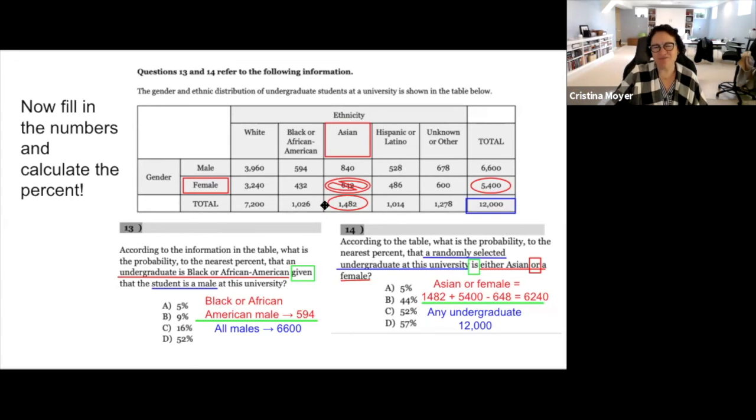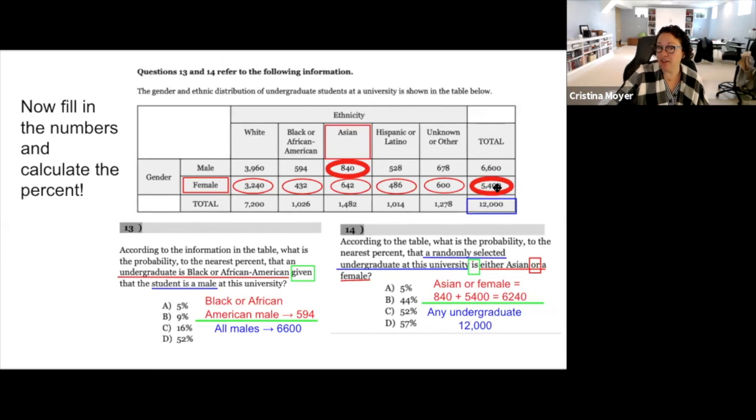So if you don't really think about it that way, then here's another way to think about it. We're looking for all females, so that's this 5,400, or Asian. Well, if we've already counted this 642 in our adding across, or looking at all of our potential females, then really the only number that we're going to include is 840, because that would be someone who is Asian and male.